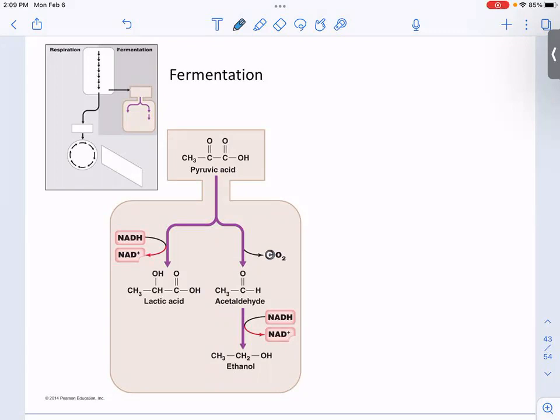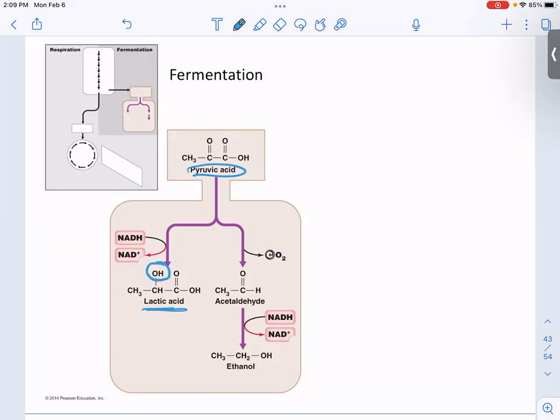Okay, so here's the simplest pathway, lactic acid fermentation. With that kind of fermentation, the electrons from NADH are dropped off at pyruvic acid. And the difference between pyruvic acid here and lactic acid is right here.